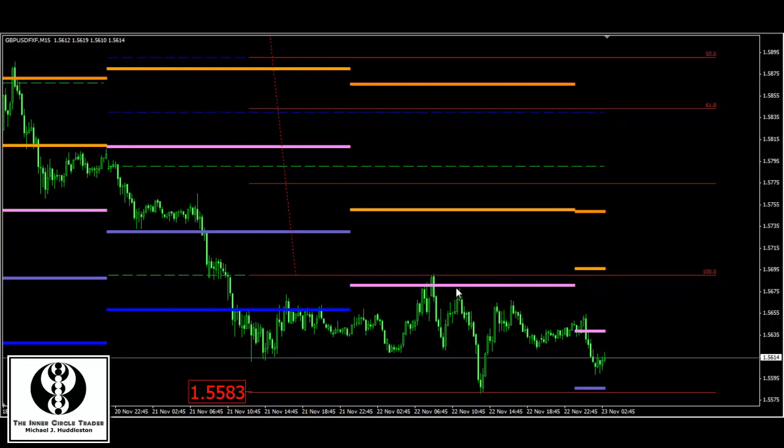Then we have an optimal trade entry going right up to the central pivot again, and obviously an overall downtrend or down market flow in the higher time frame. So obviously you should be trying to scope out potential shorts for the highest probability setups.